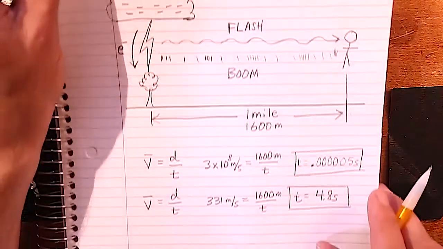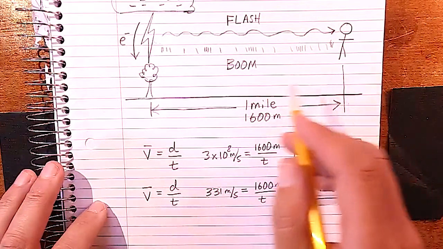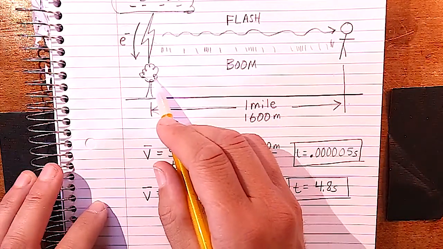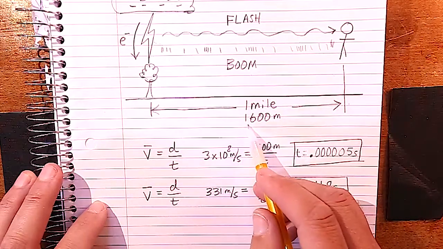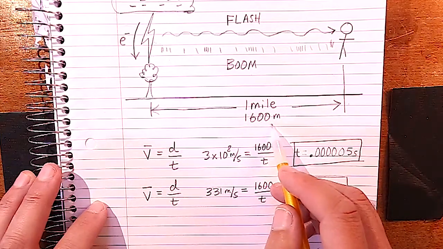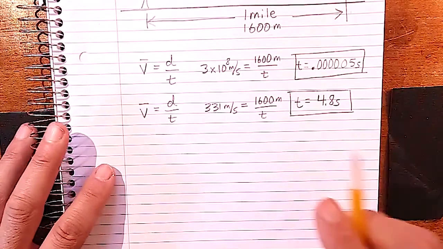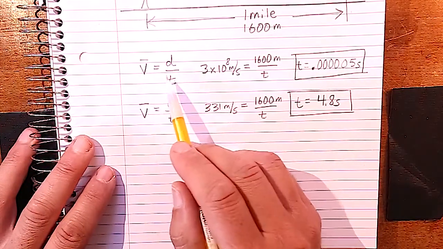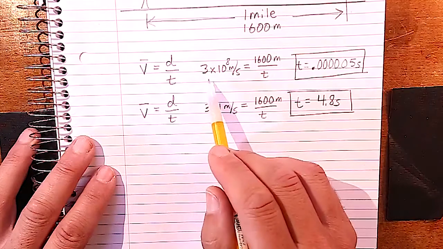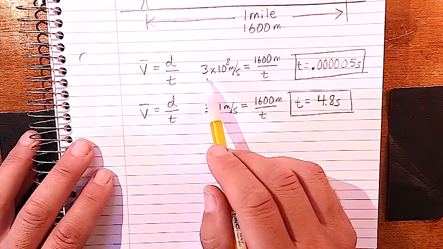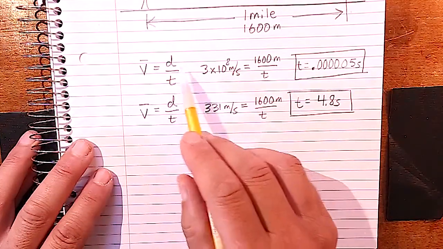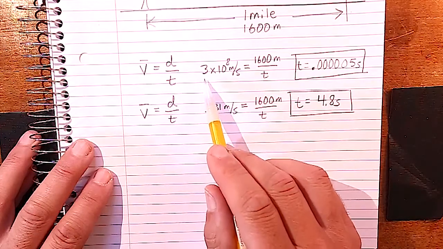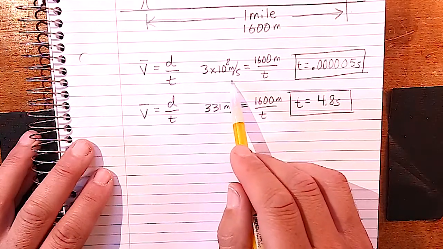Let's say that this person is standing a mile away from where this tree gets struck. A mile is roughly 1,600 meters. So let's do the calculation. You can figure out the speed of light. It's on the reference table, and it says speed of light in a vacuum. In air, it's roughly the same, which is 3 times 10 to the 8th meters per second.